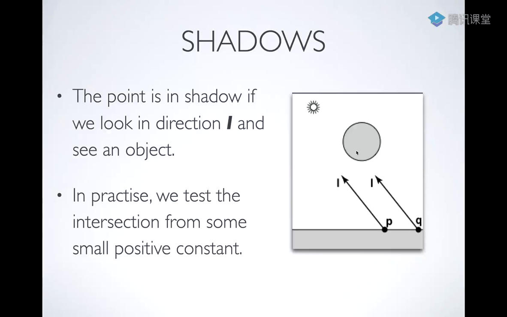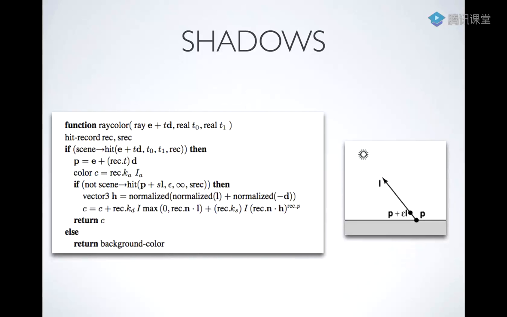If it hits something, it means this is a shadow because it is occluded by this object. If it doesn't hit anything, it is not shadow. We won't cover too much about it because in the modern world we don't use this method to calculate the shading.